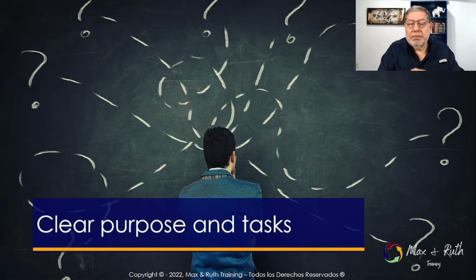And this is foremost whenever we are designing breakout rooms, because we must be very clear on the purpose and the tasks that must be carried out during the breakout room.